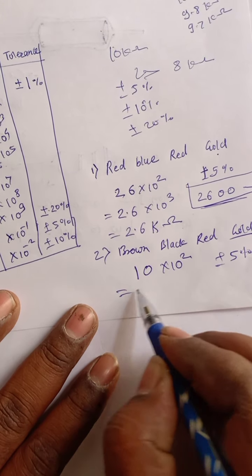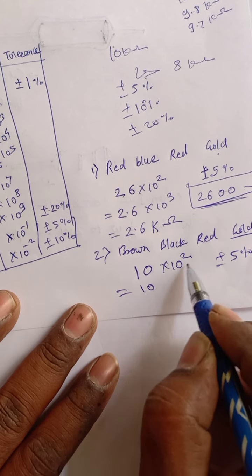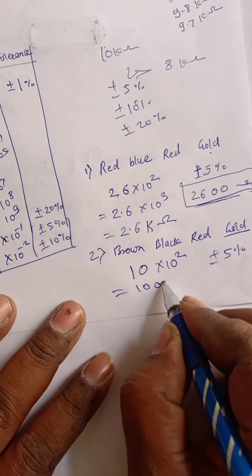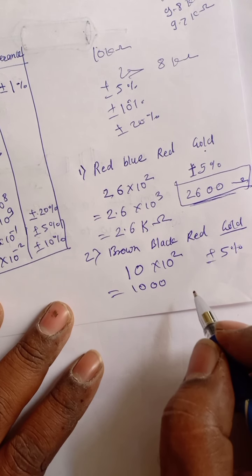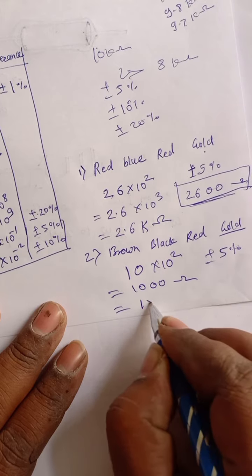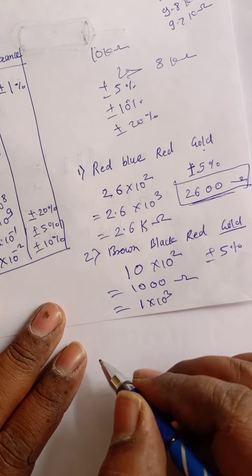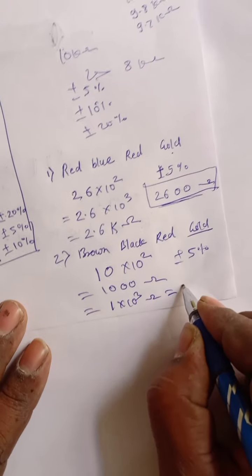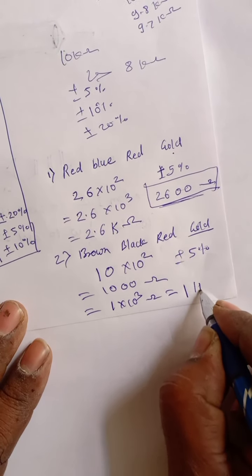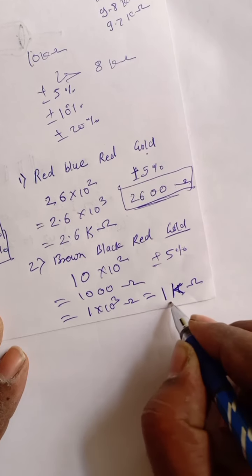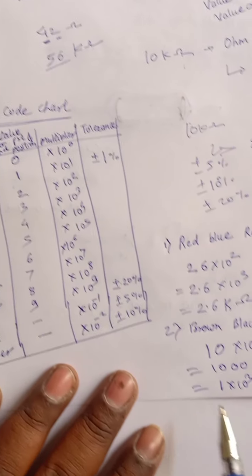So it becomes 10 with 2 zeros added, 1 into 10 raised to 3 ohm, that is 1 kilo ohm. So like that you can find the value of the resistor.